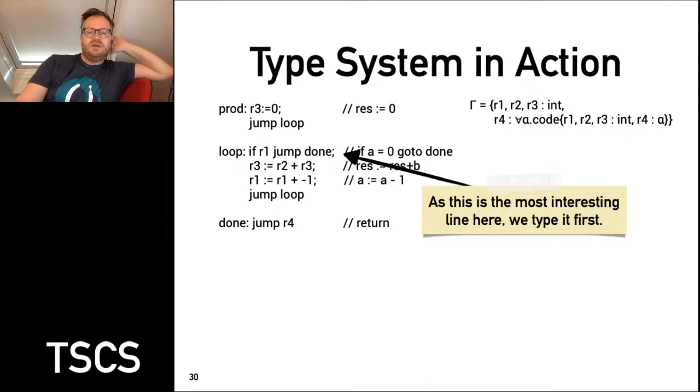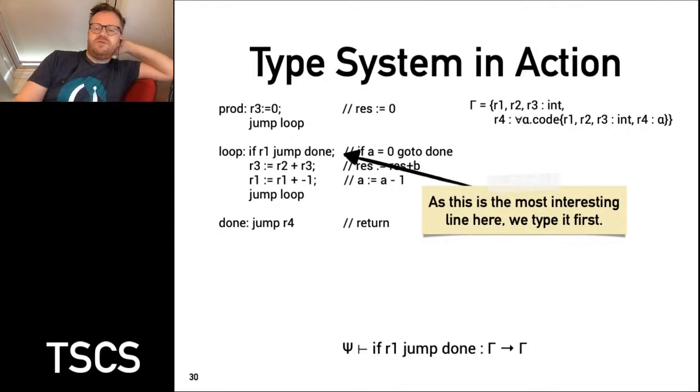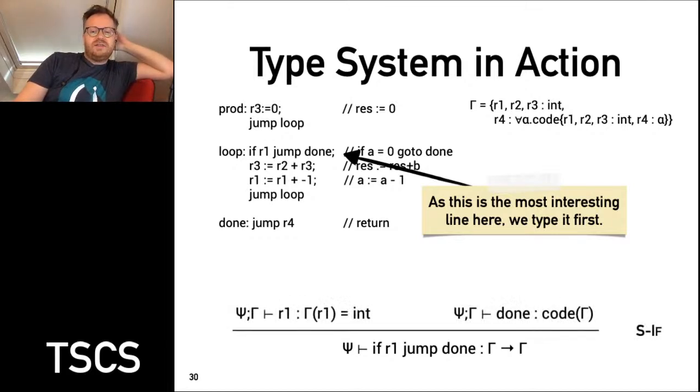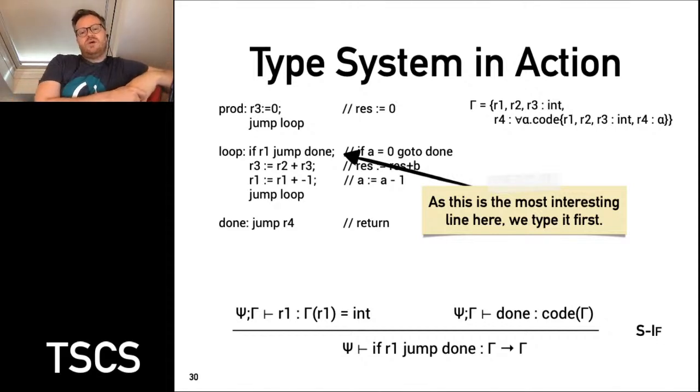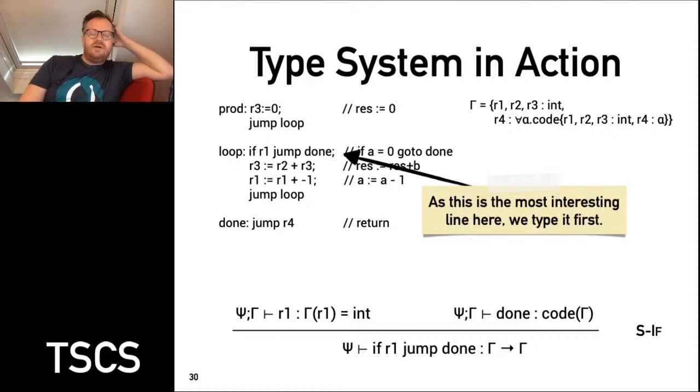Let's use this type because this is the most interesting line here. Let's type this first. So under the assumptions of psi, R1 jump to done should be gamma to gamma from the rules. So the premises are under the assumptions of psi and gamma, R1 must be of type gamma R1, which is int. We can just look this up in gamma. And then under the assumptions of psi and gamma, we have a done, and done should be a code of gamma.